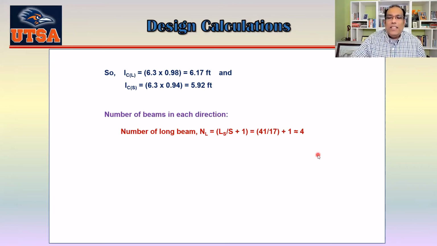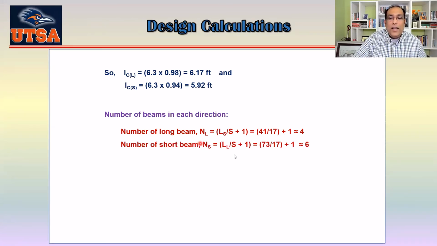So I see that we need at least 4 beams in the long direction. Similarly, for the short direction, this would be LL divided by S, where S is the maximum spacing, 17, plus 1. So we need at least 6 beams in the short direction.